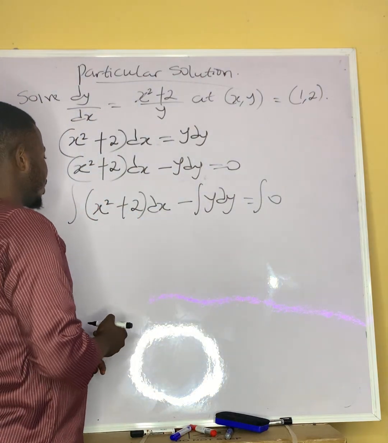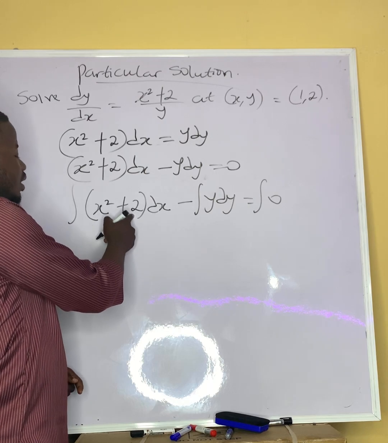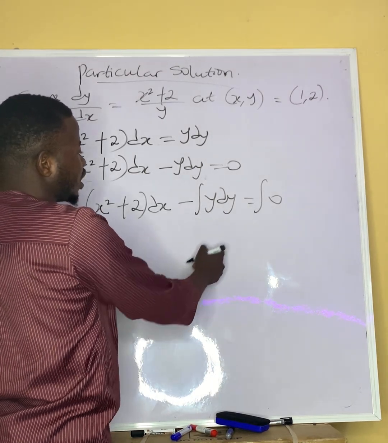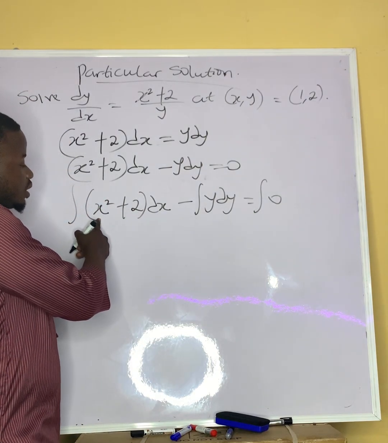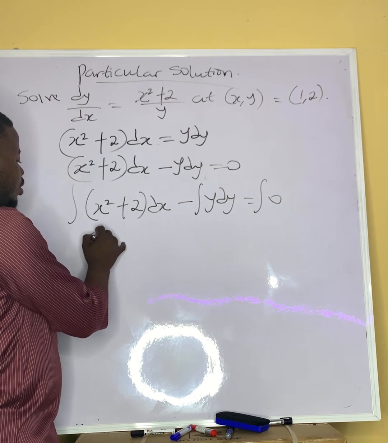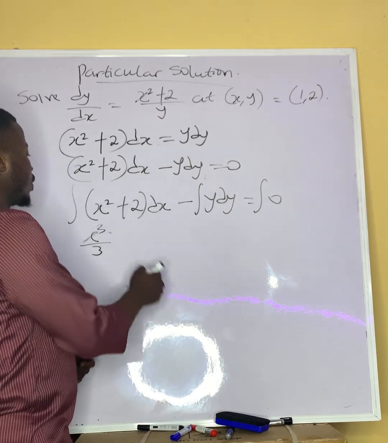So now we can integrate x squared with respect to x, and we integrate 2 with respect to x. Now we are integrating y with respect to y, then we integrate 0 as well. When you integrate x squared with respect to x, that will give us x cubed over 3, adding 1 to the power of x.